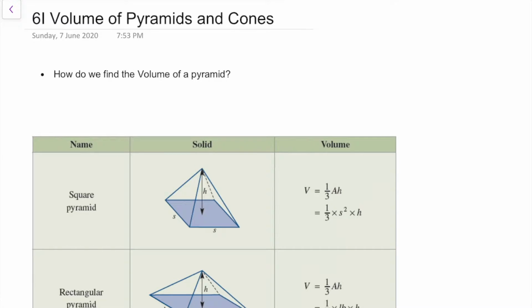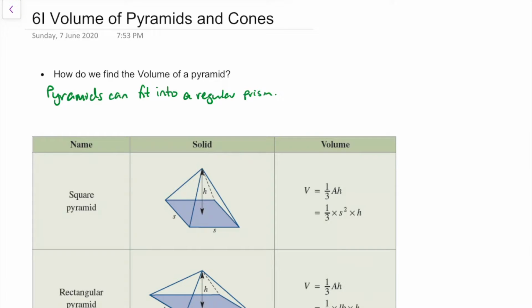Something that we know about pyramids is that a pyramid can fit into a regular prism, like a cube or rectangular prism.